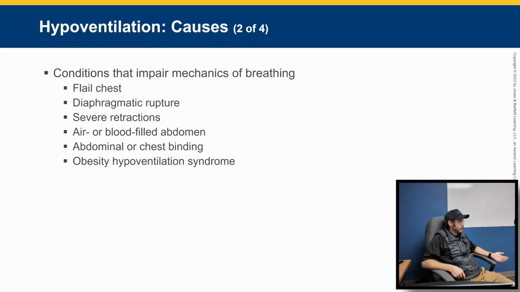And then obesity, the obesity hypoventilation syndrome, that means that they don't have enough musculature to physically expand the chest to get an adequate movement of air volume with each breath.